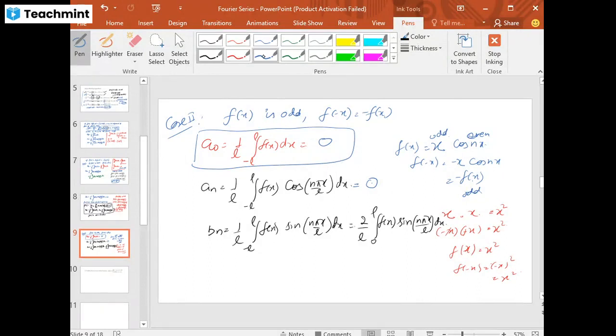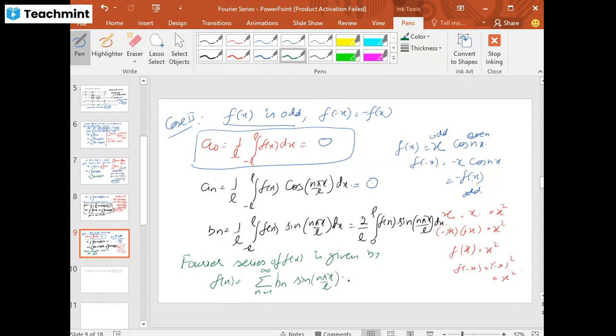So what do we conclude from here? If your function is odd, then the Fourier series of the function f of x is given by f of x equal to summation n varies from 1 to infinity bn into sine n pi x upon L. That is, in this case, the values of a naught and an, both of them are 0.